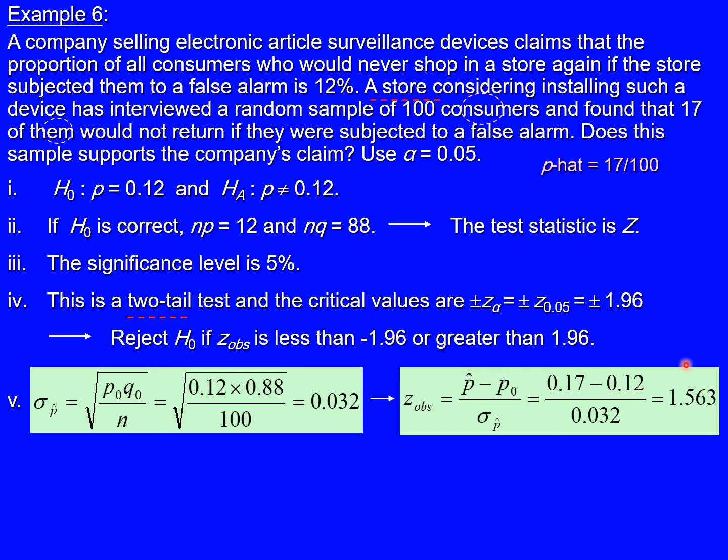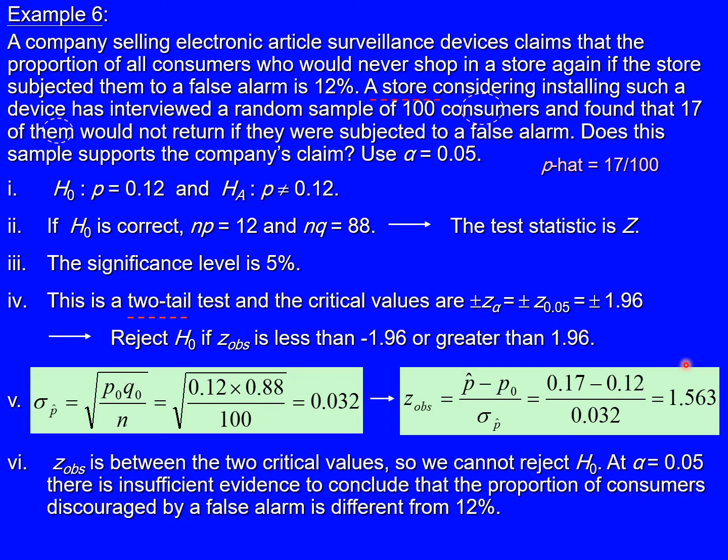This value we compare with 1.96 in the last step. It is less than 1.96 and of course greater than minus 1.96, which means we cannot reject the null hypothesis at the 5% significance level.